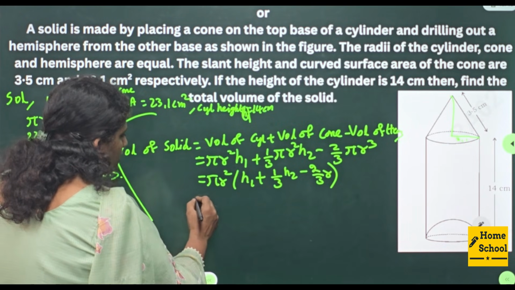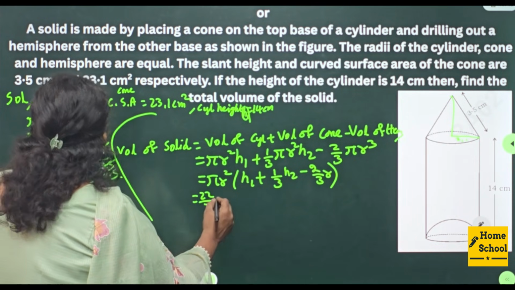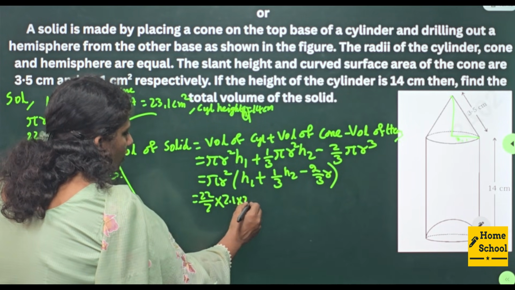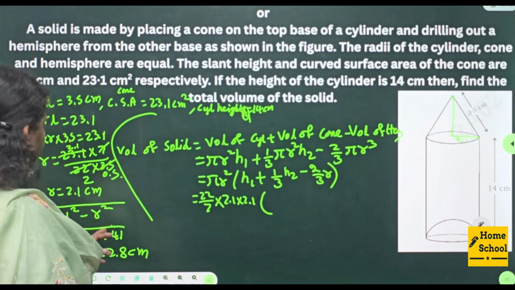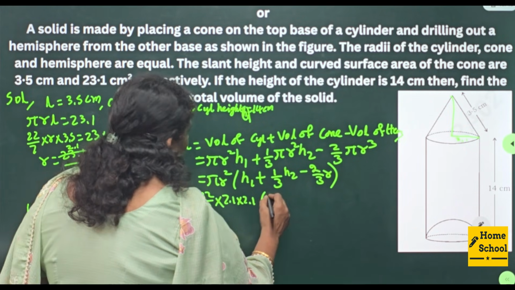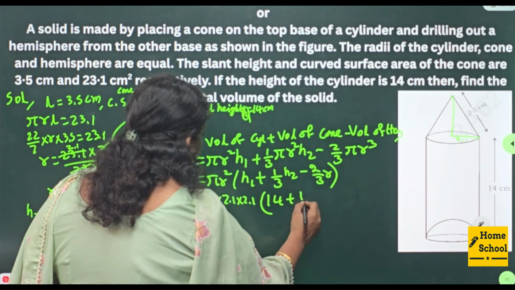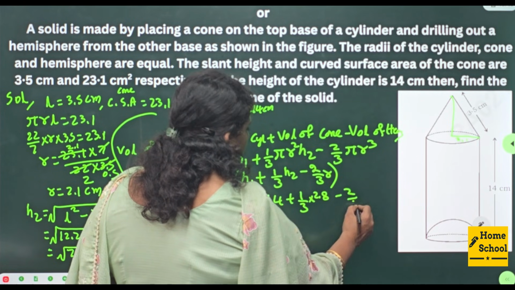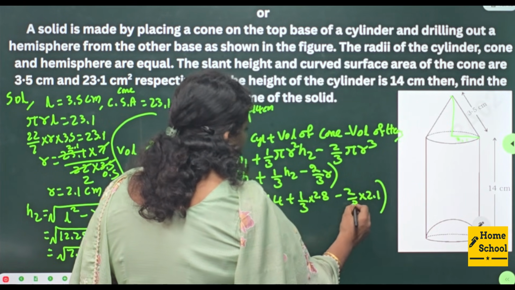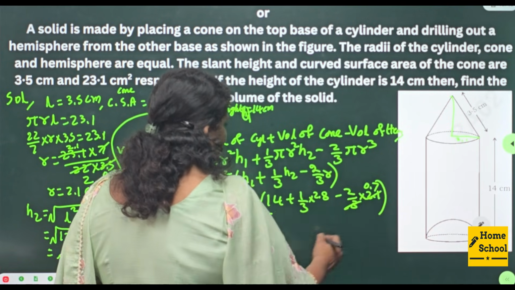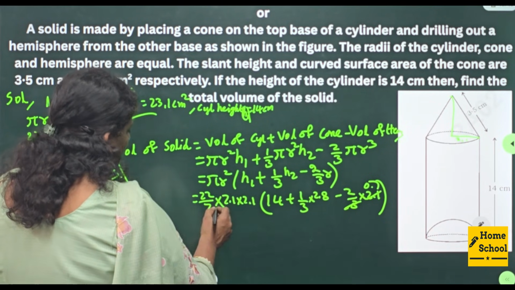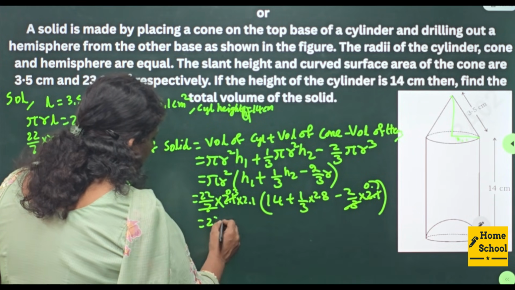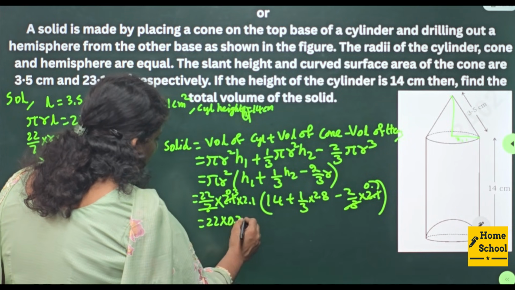Now substitute all these values. 22 by 7 into the radius 2.1 into 2.1. H1 is the height of the cylinder, 14, plus 1 by 3 into h2 value 2.8, minus 2 by 3 into 2.1. Here 3 into 0.7 gives 0.7, so 7 0.3s. Here 22 into 0.3 into 2.1.